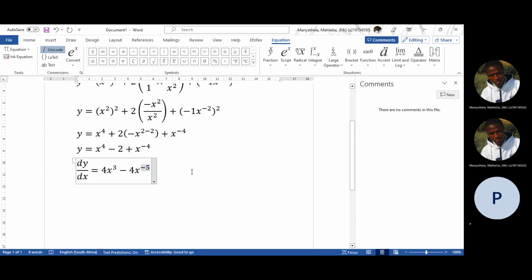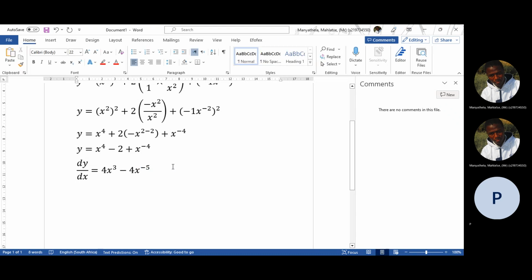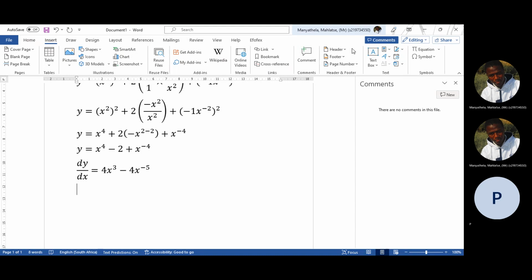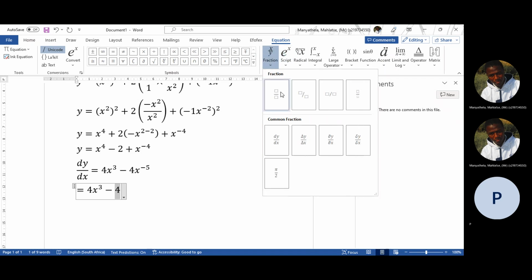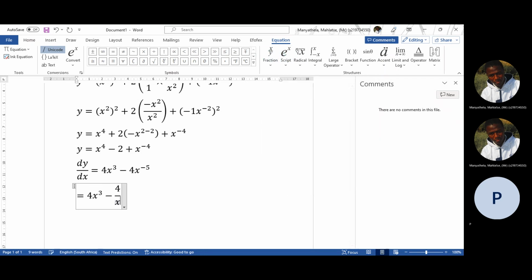So let's write it as a positive exponent. If we were to write minus 4x to the exponent negative 5 as a positive exponent, we're going to have 4x cubed minus 4 over x to the power 5.